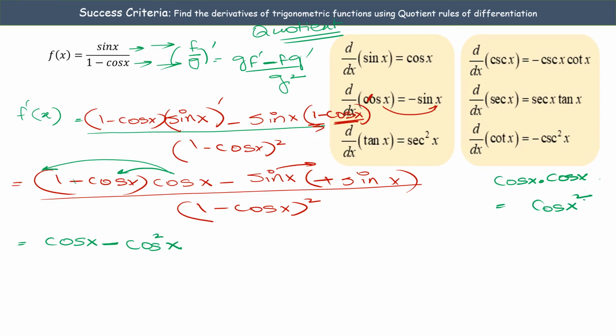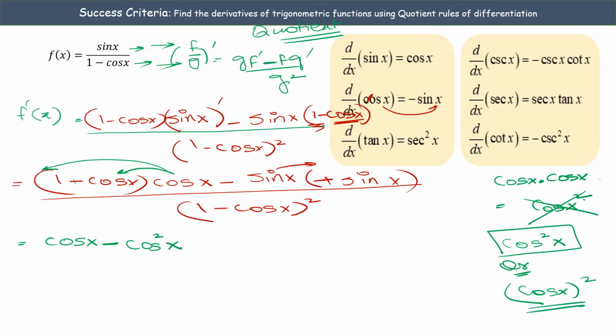That is, they put the square there, which is absolutely wrong. You must write it in the proper way, that is cos square x, or it can also be written as cos x whole square. But the right and correct way is cos square x. Since we are already in grade 12, we must write cos square x rather than cos x whole square.